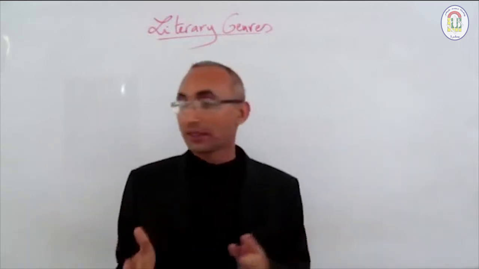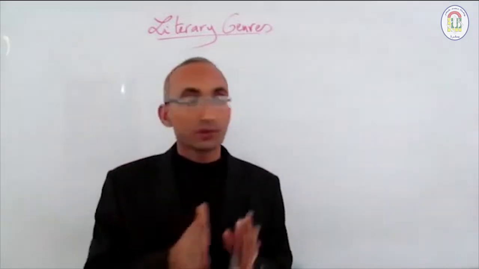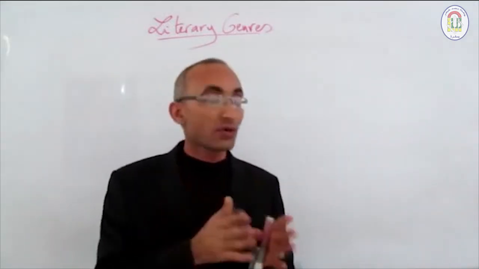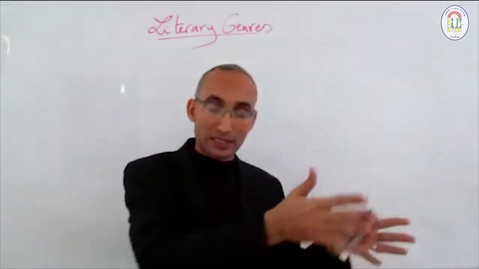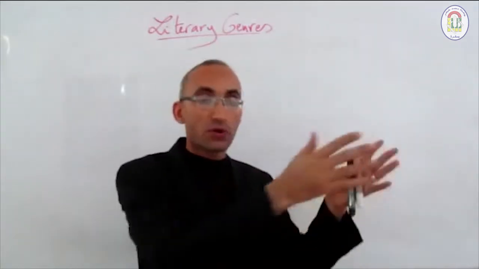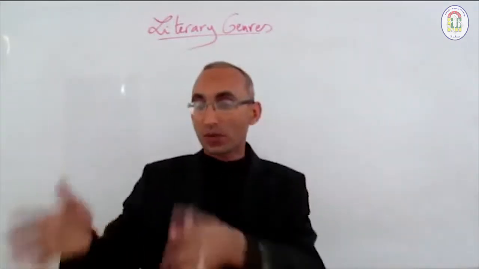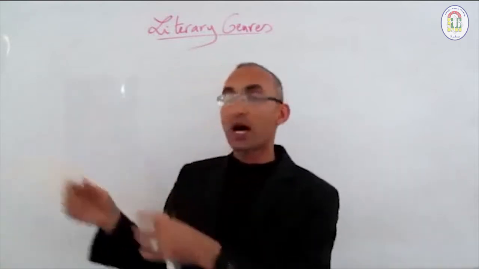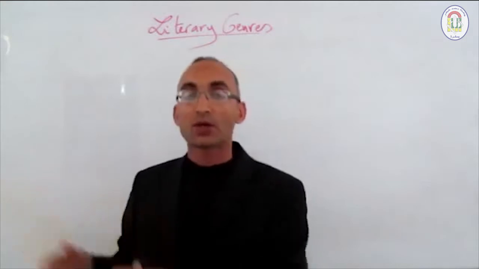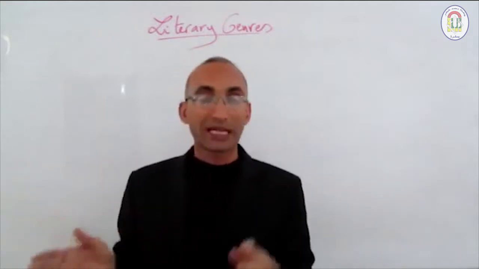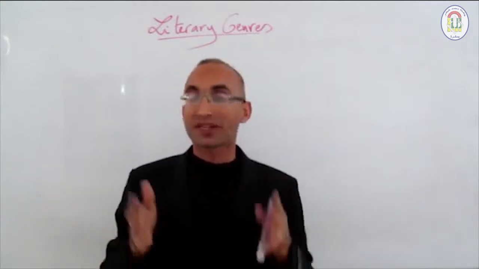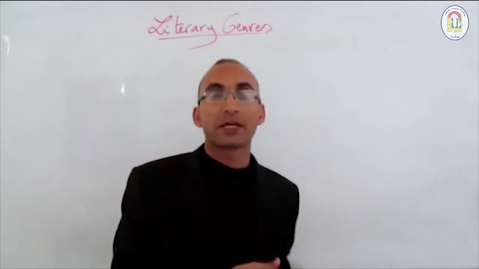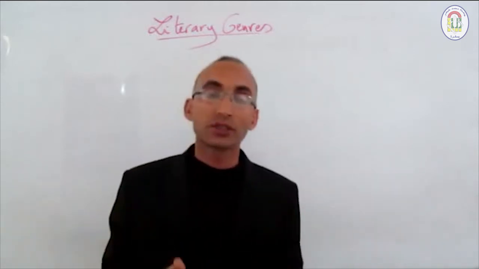We try to categorize them according to the similarities, the common points they have. For example, these ones are similar in terms of form and content. These ones are similar in terms of form also, but in another way. And these others are similar in this and that way. So here we come up with this division, or with these types or categories, within literature. Now these categories are called genres.